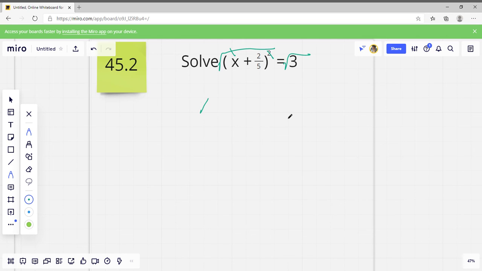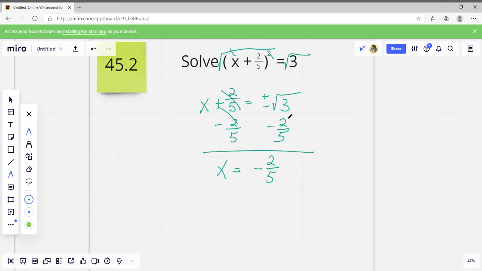And then we get x plus 2 over 5 equals the positive and negative root of 3. Okay, now we're going to do minus 2 over 5 and minus 2 over 5.